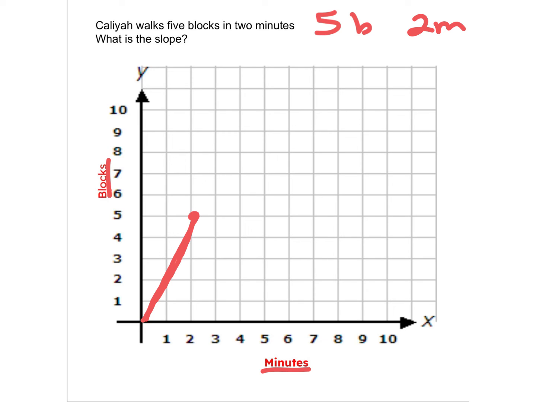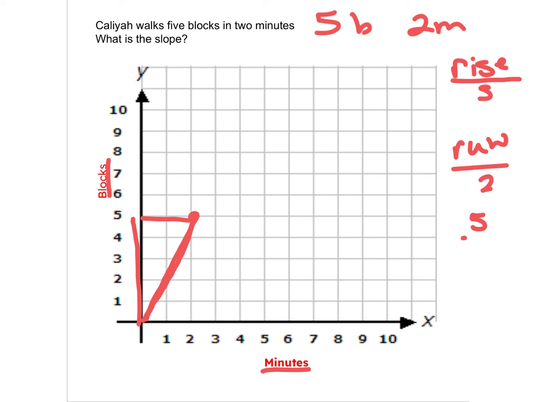So our rise, again, is up and down, could be down, we're just going up now, is 1, 2, 3, 4, 5, right? And our run is 1, 2. So 5 over 2 is our slope.